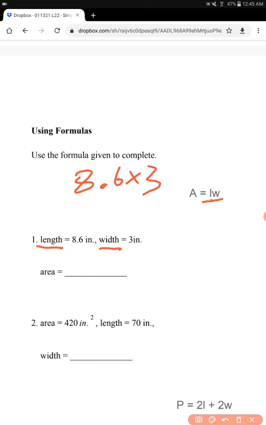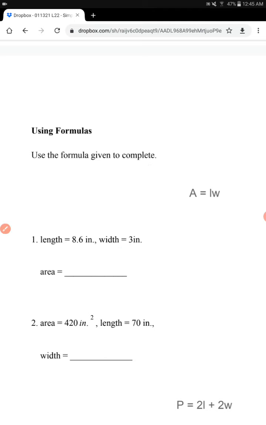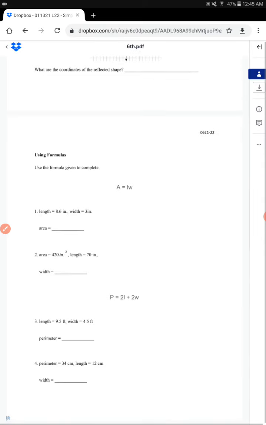And that's just 25.8. I just did that quickly in my head. I think it's right. Anyway, you get the idea. So just plug these numbers in for the formulas.